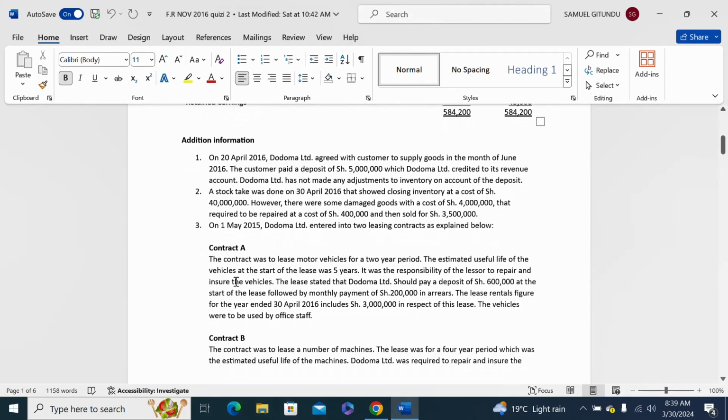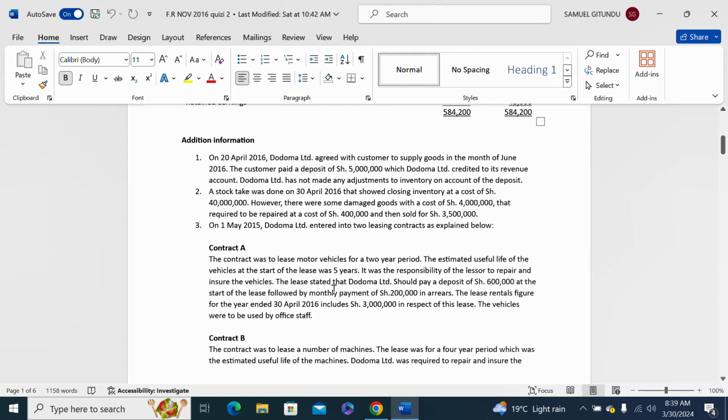Contract A. The contract was to lease motor vehicles for a 2-year period. The estimated useful life of the vehicle at the start of the lease was 5 years. It was the responsibility of the lessor to repair and insure the vehicles.